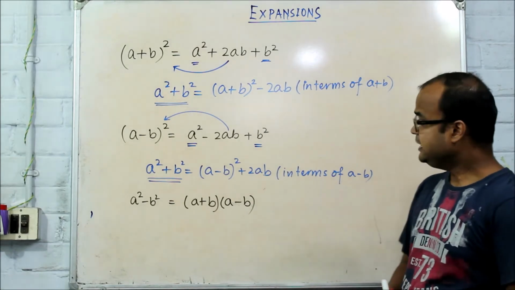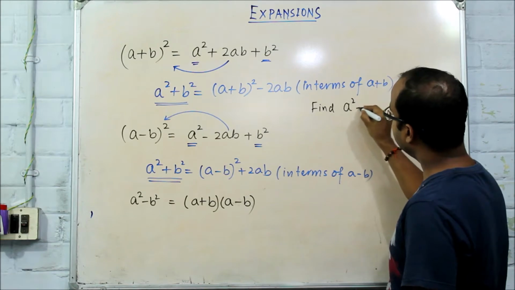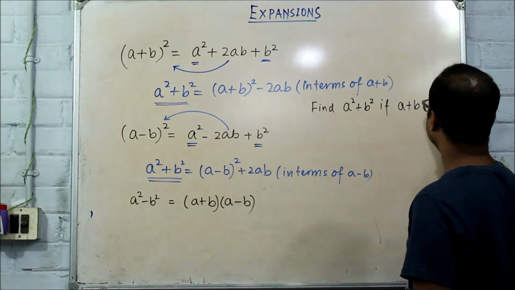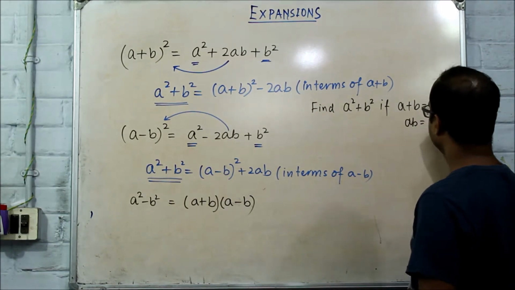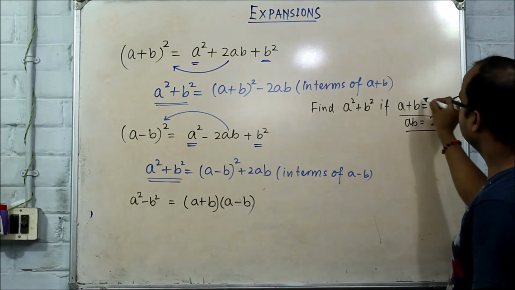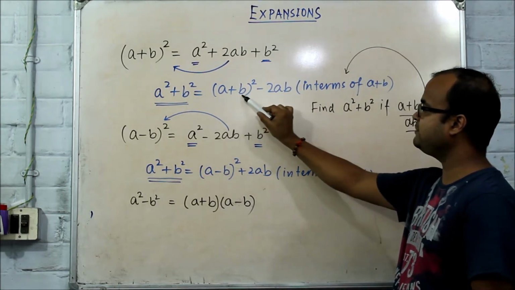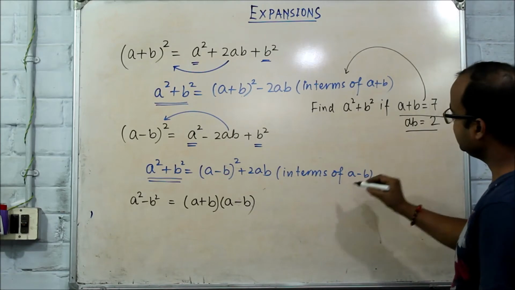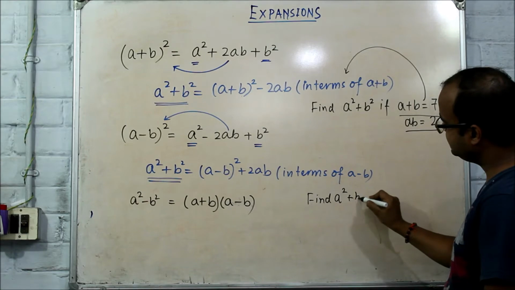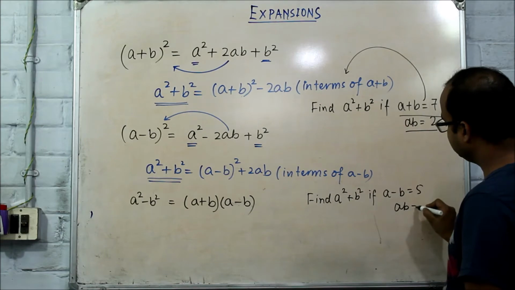Now the question is, when am I going to use which formula? Suppose the question is given: find a square plus b square if a plus b is equal to 7 and ab is equal to 2. Obviously the information about a plus b and ab is given, so I am going to use this formula because it contains the terms a plus b and ab. Now the same sum is given, right? Find a square plus b square if a minus b is equal to 5 and ab is equal to 3.